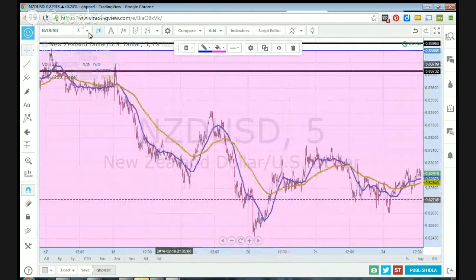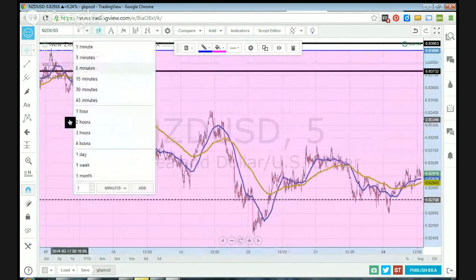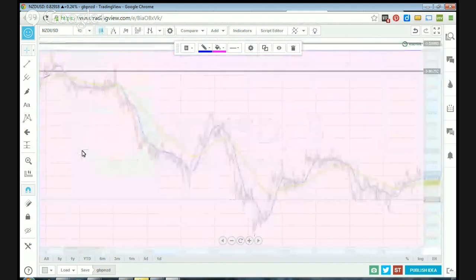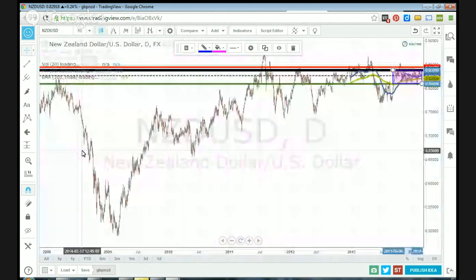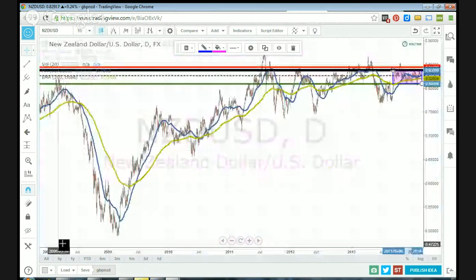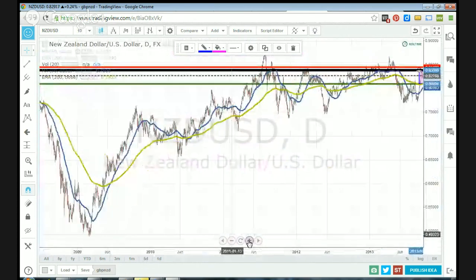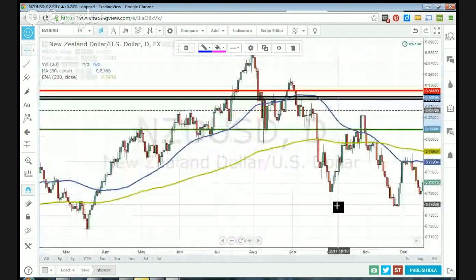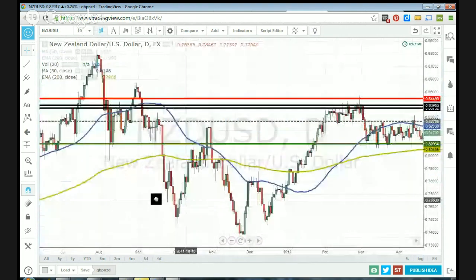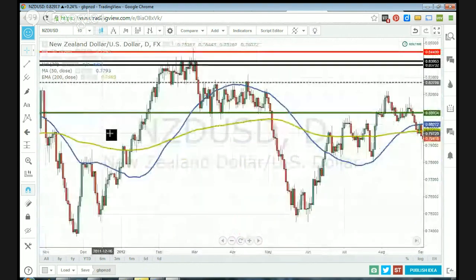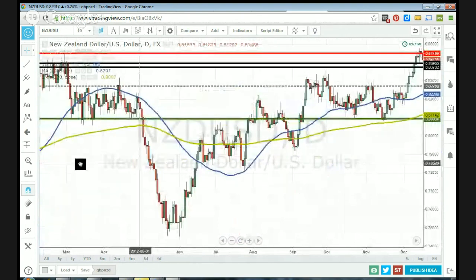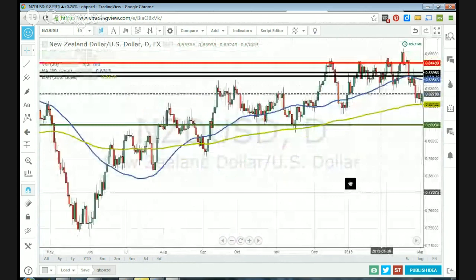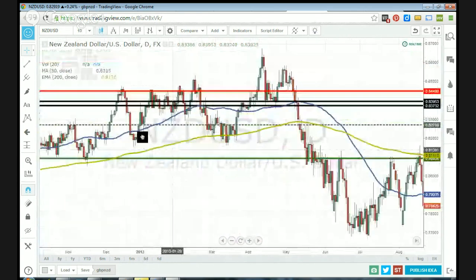Oh, what's going on here? I really want to get an idea of whether the market closed below that gray line on this past day, on the last candle here.